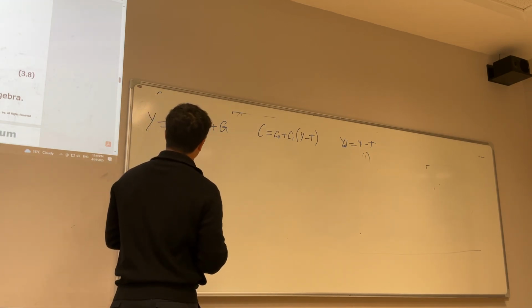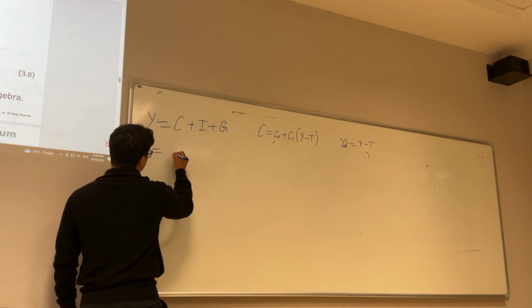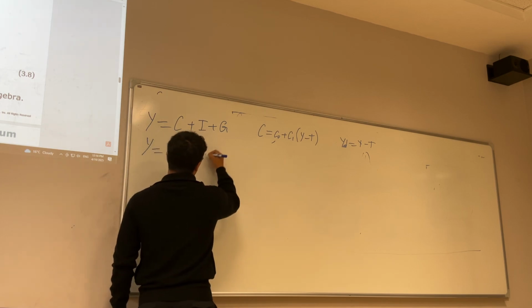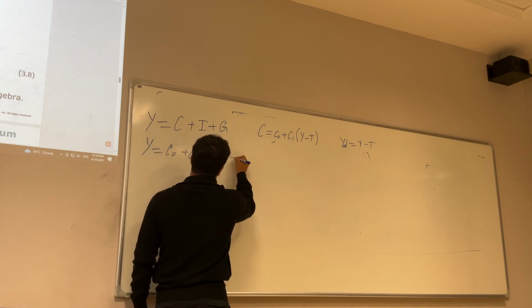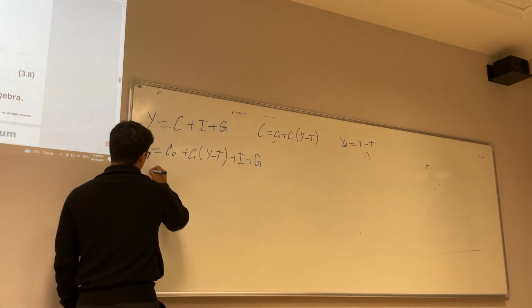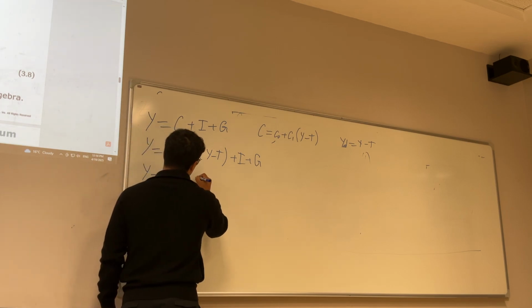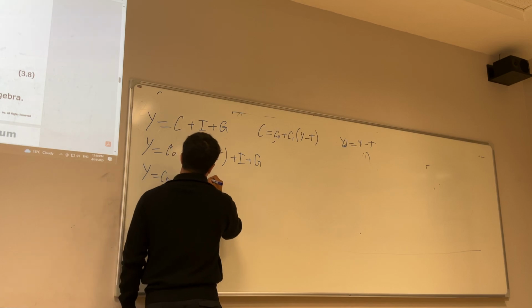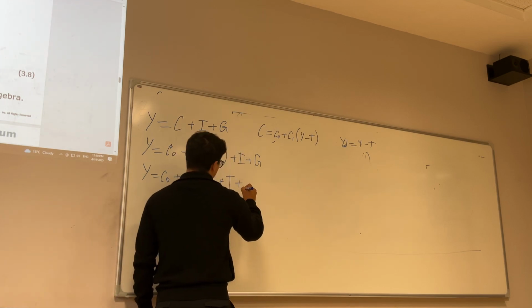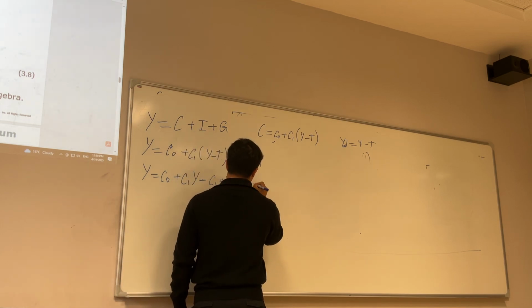So now let's plug this into here. Y is equal to C0 plus C1 times (Y minus T) plus I plus G. Let's open the bracket. Y equals C0 plus C1 multiplied by Y minus C1 multiplied by T plus I plus G.